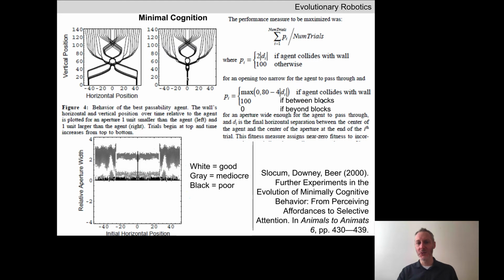It passes through, right? So you'll notice that by the time the object pair is 40 centimeters above the agent, it gets directly underneath that pair and doesn't move and lets either object fall on either side of it.